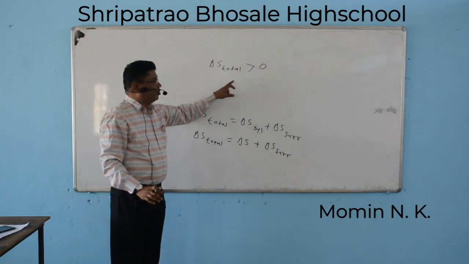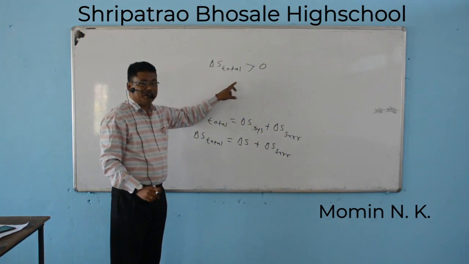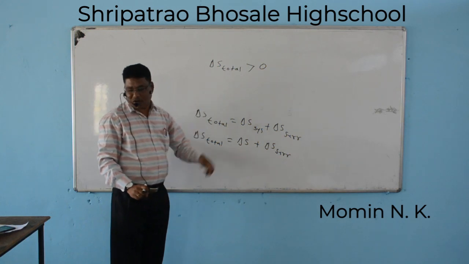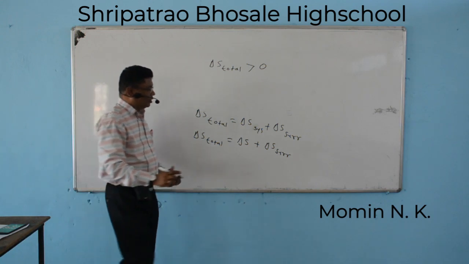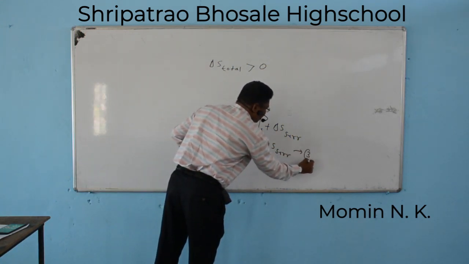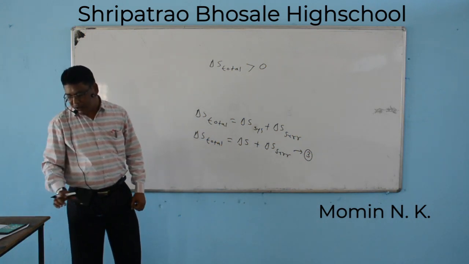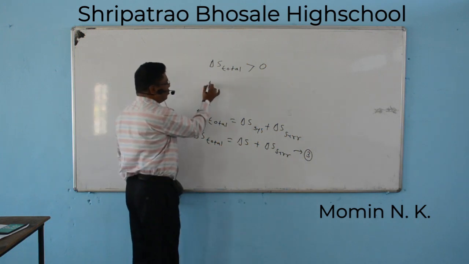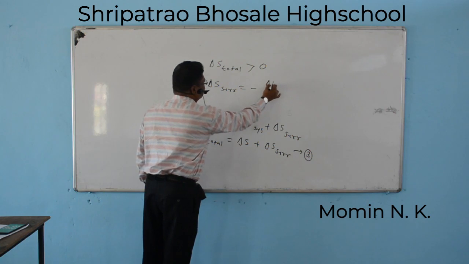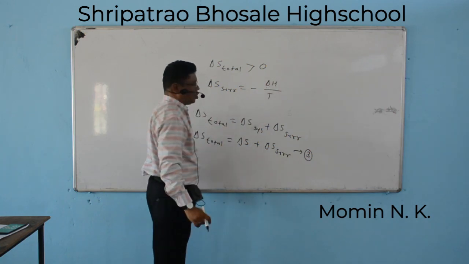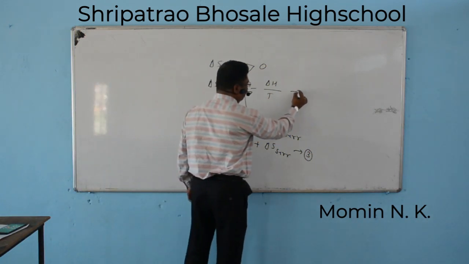Total entropy of system and surrounding increases in a spontaneous process. That is equation number 3. And we can write delta S surrounding is equal to minus delta H upon T.